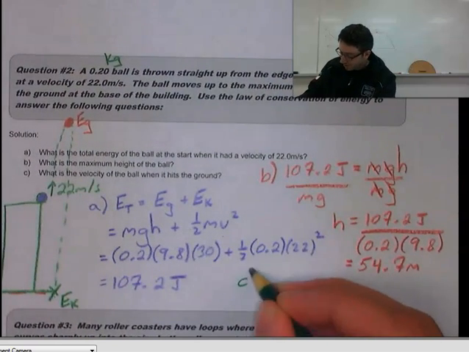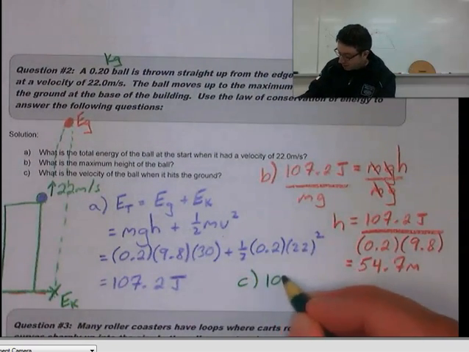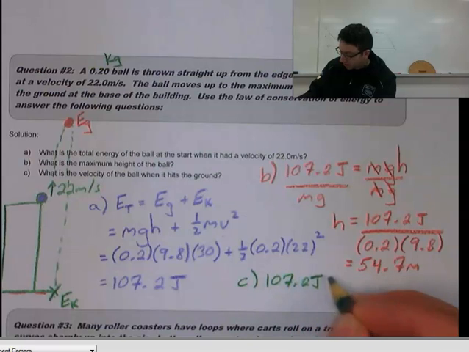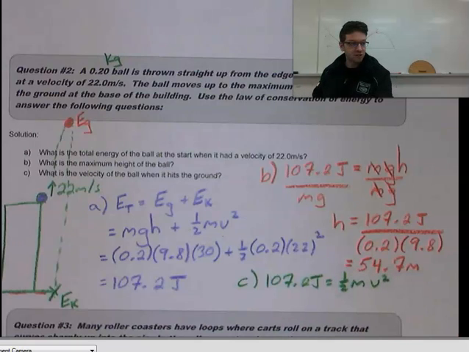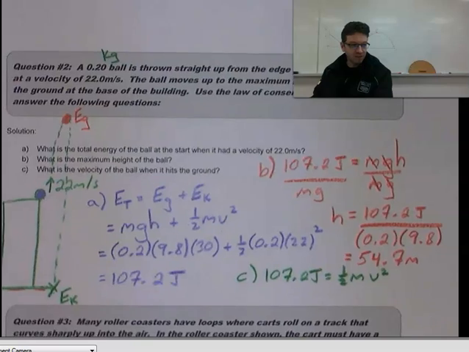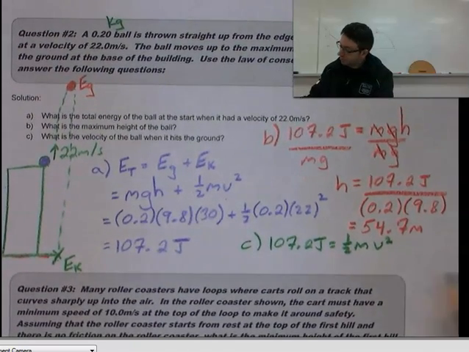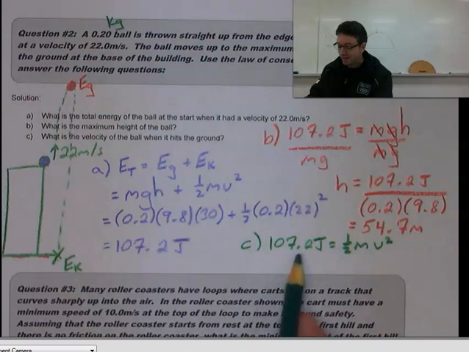So we can say all of that 107.2 joules is now kinetic energy, which is 1/2 mv squared. We can rearrange and solve for speed. Really running out of room now. I multiply both sides by 2 and divide by m.